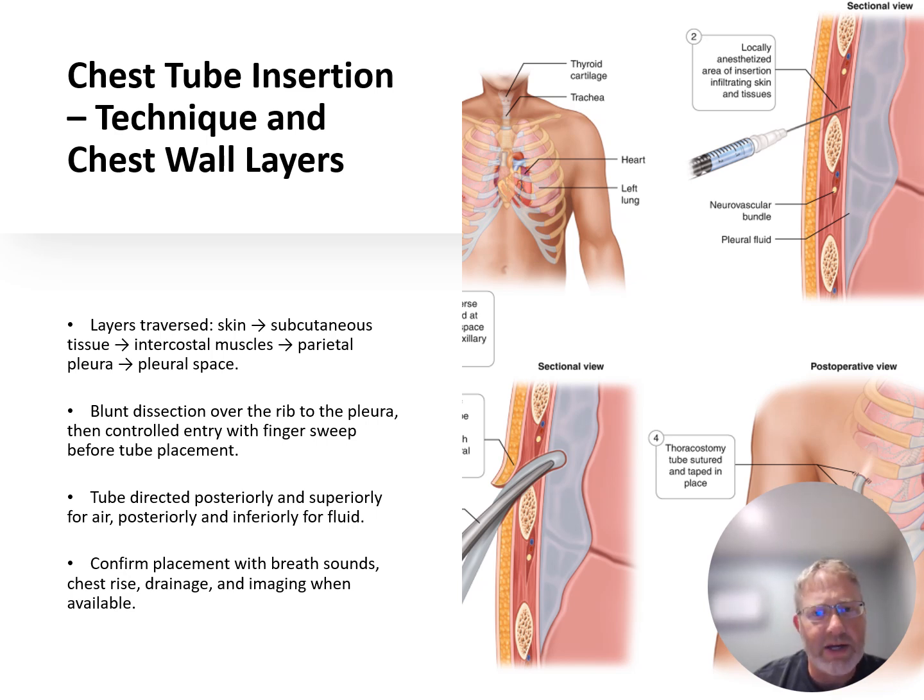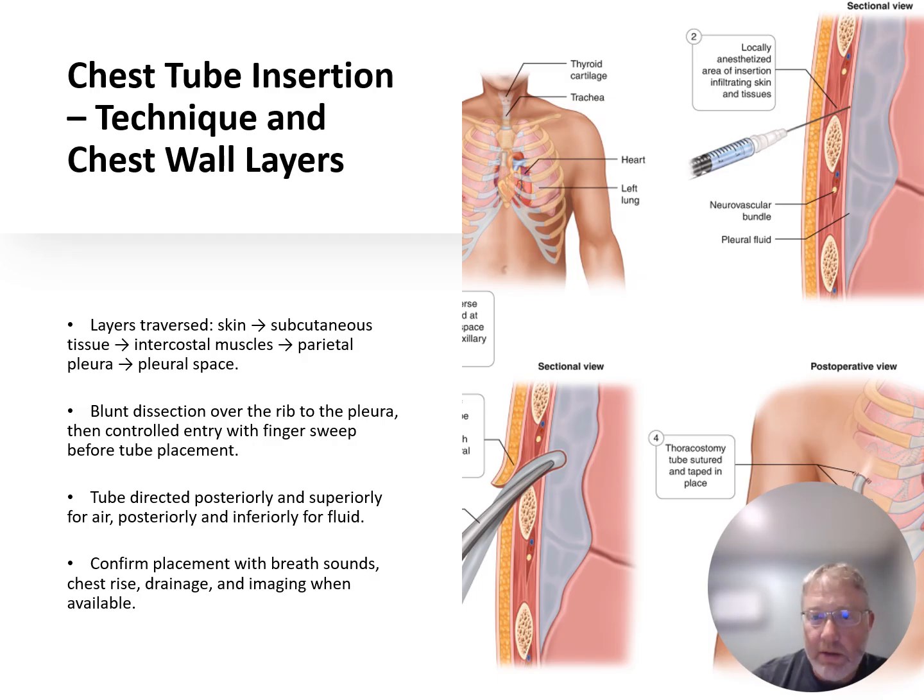The preferred technique uses a small skin incision just over the rib, a blunt dissection with a clamp down to the rib, and then a controlled push through the pleura, followed by a finger sweep to confirm entry into the pleural space, and then check for adhesions or lung tissue. If you did that, you went too far.